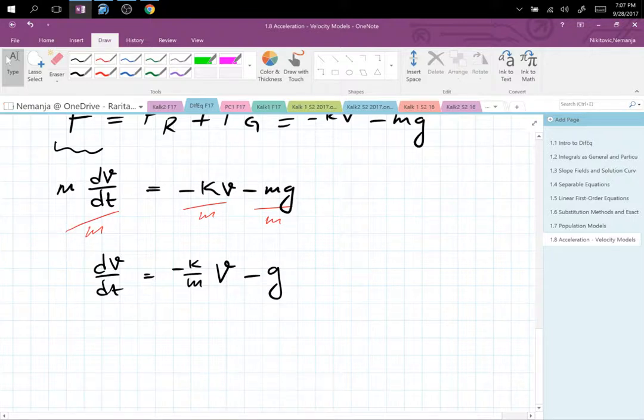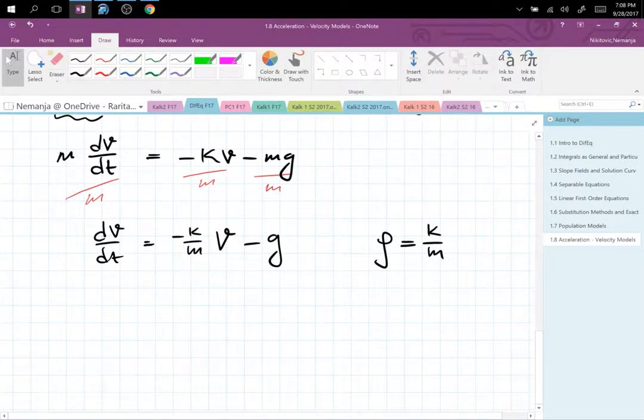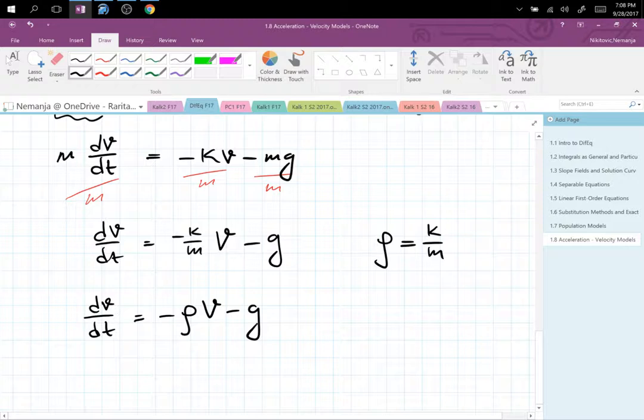And as I see in the textbook, they take the Greek letter rho to replace k over m, so we have less to write. It's going to be negative in the equation. Okay. So dv over dt is negative rho v minus g.